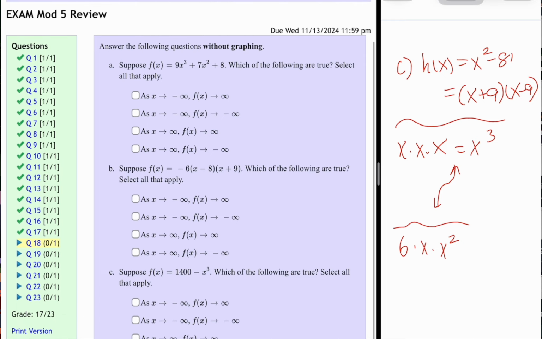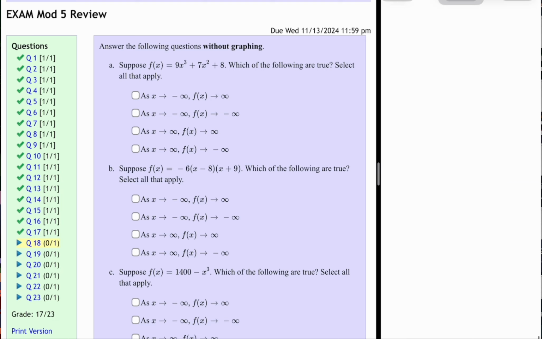Question 18 is the formal way we were writing end behavior. Let's look at part A. The lead term in A is 9x cubed. So the left end is going down and the right end is going up. That would be those two options. The first one I checked is saying that the left is going down.